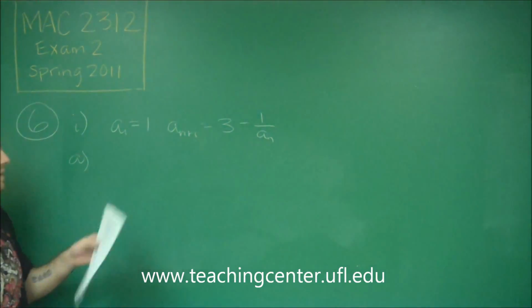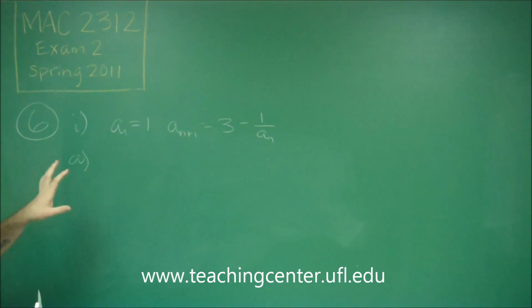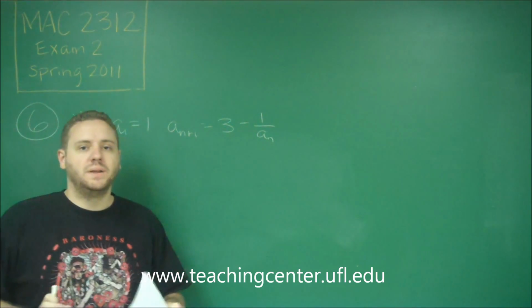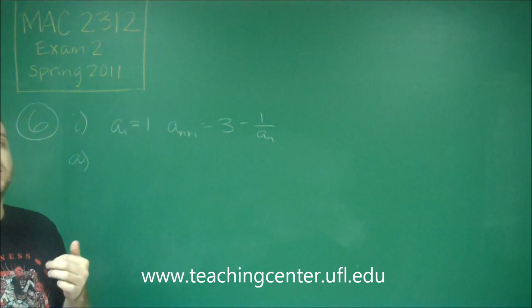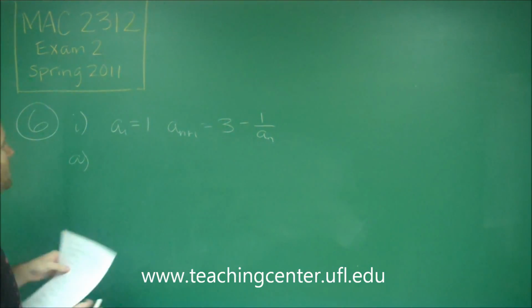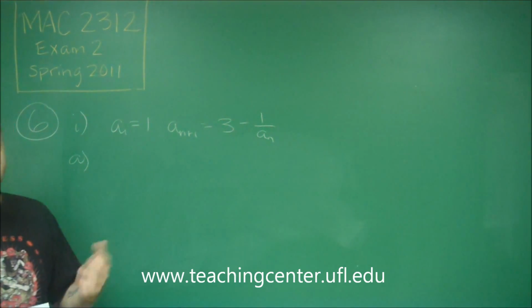So for part A, we need to show that it's increasing. So we need to show that for every a sub n plus 1 is larger than it. So to do this by mathematical induction, we need to show that it's true for the base case. So we're given that a1 equals 1, so we need to show that a2 is bigger than that.